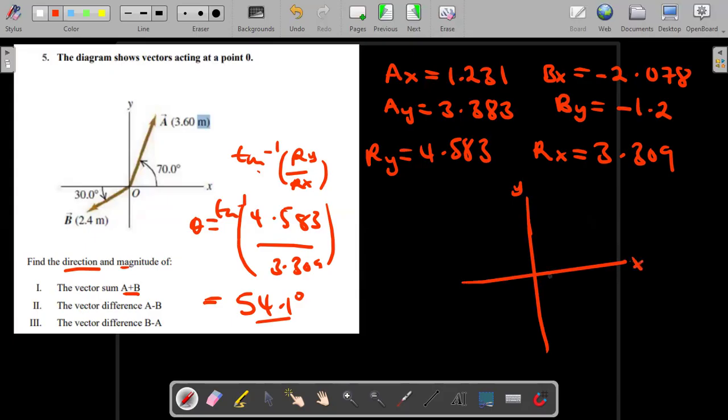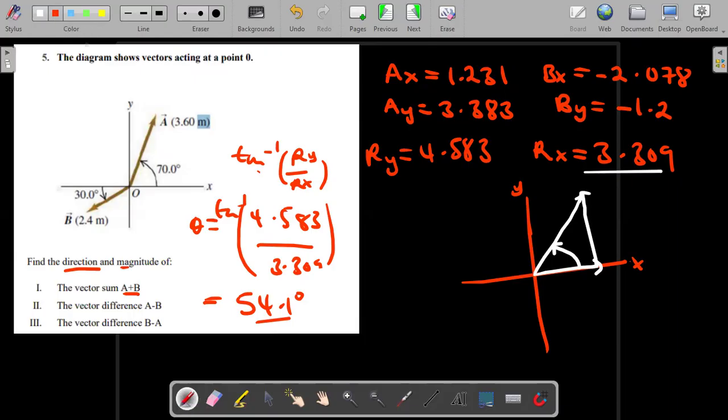Rx goes in the x direction, then y goes up because that's positive y, then connecting from the center up to there. My angle is from there until I reach that vector, and I see that this is an acute angle, meaning it's less than 90 degrees. It's just the angle I found, 54.1 degrees. So that is my direction in this case.